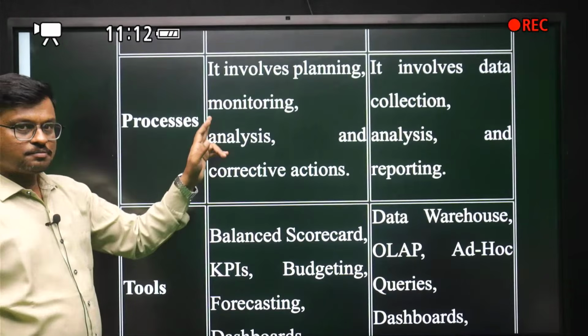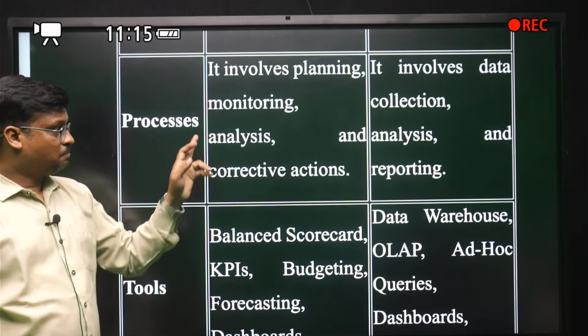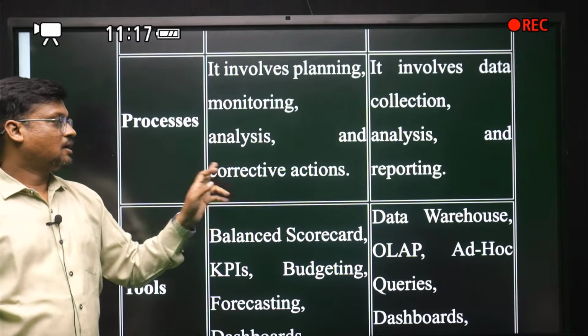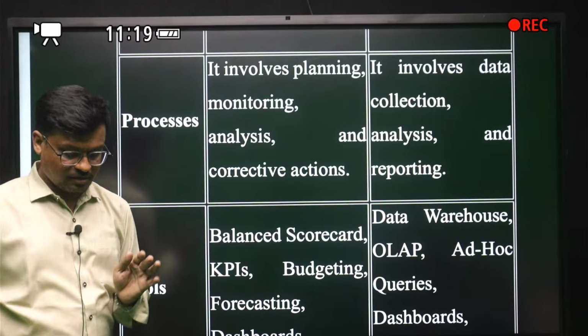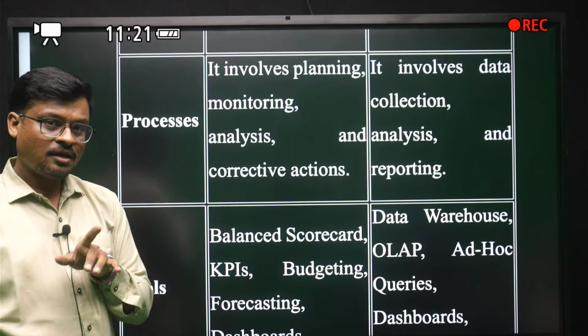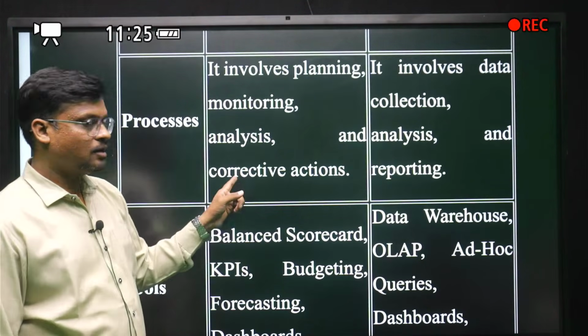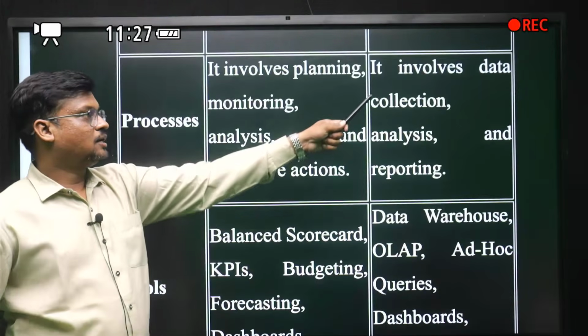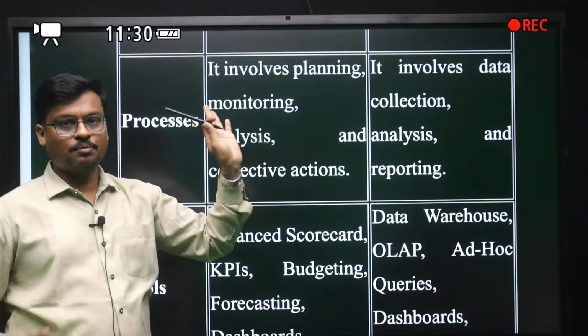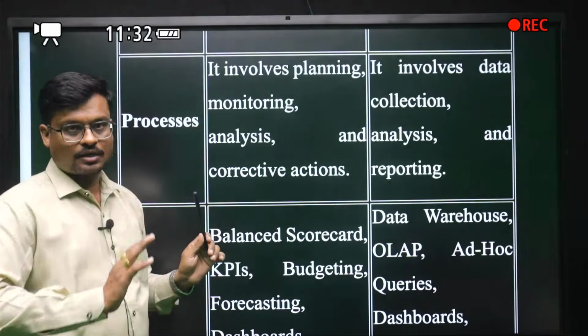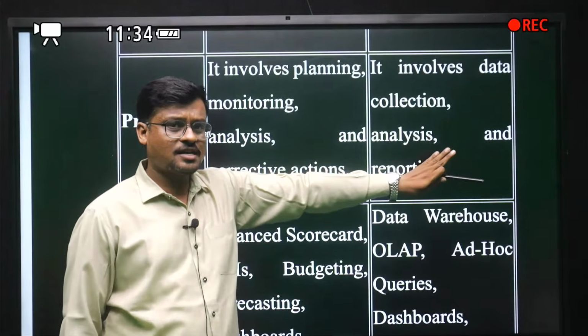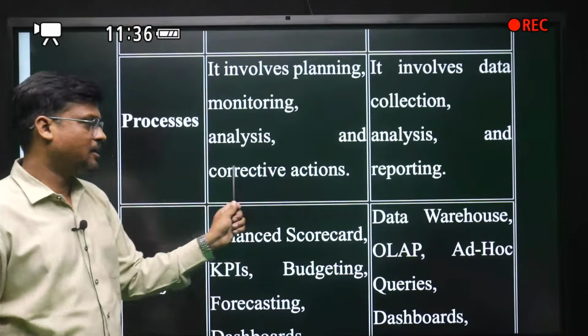Process. It involves planning, budgeting, monitoring, analysis, and corrective actions. If your performance is declining, what is the reason for it? You find it and you eliminate it and you will take corrective actions for it. BI involves data collection, analysis, and reporting. That's it. We will not be able to correct anything. Again, we will generate insights. According to these insights only, we will take the corrective actions.